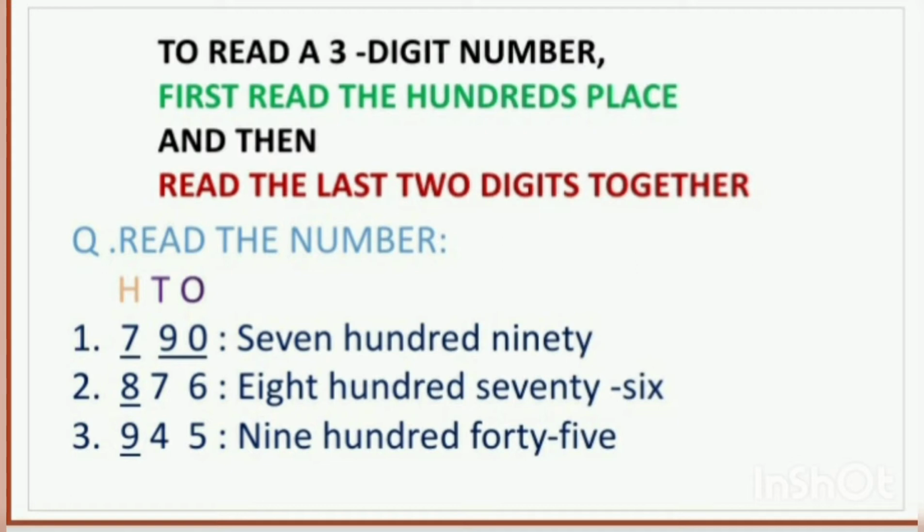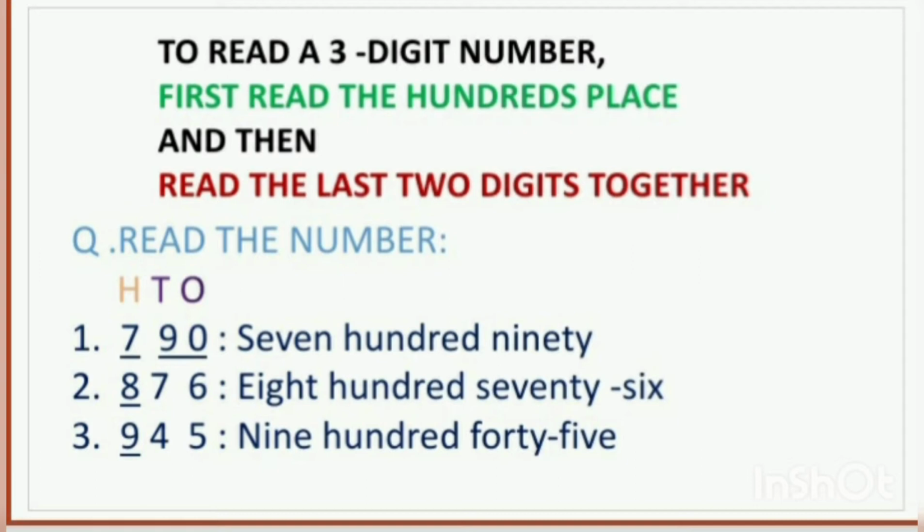Now see the digit given in hundreds place, that is 7. So first step is that you will read as 700 first, and then combine the last two digits together, that is 90.